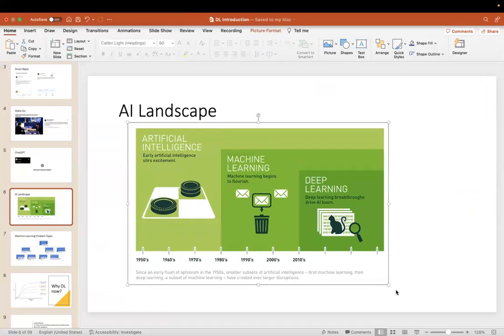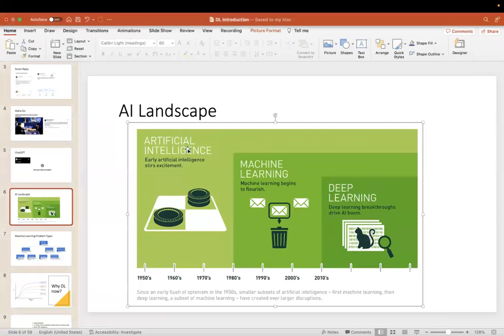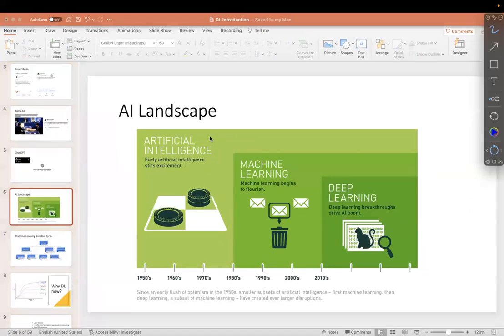For example, there are two kinds of systems at a high level. One we call explicitly programmed systems, right, and not explicitly programmed systems.